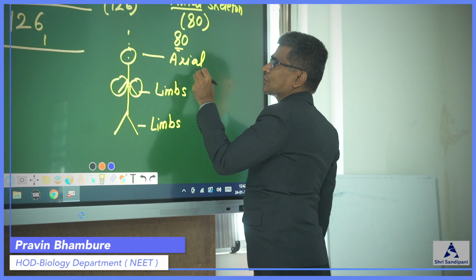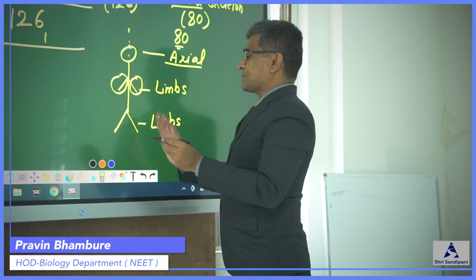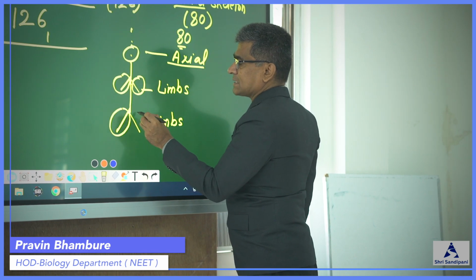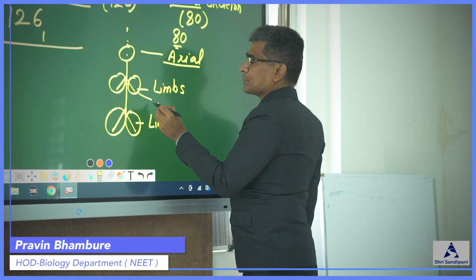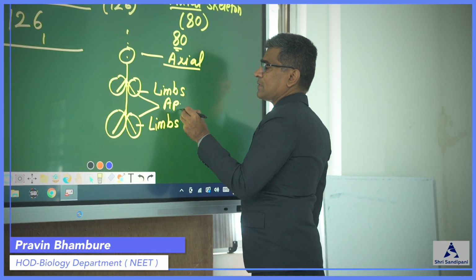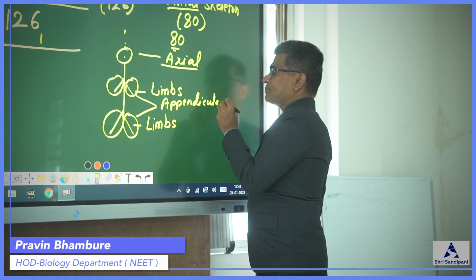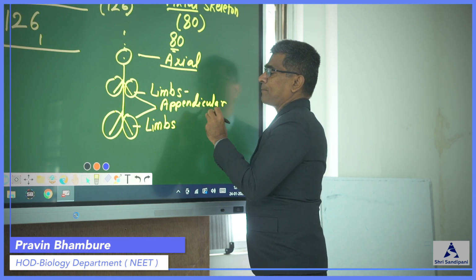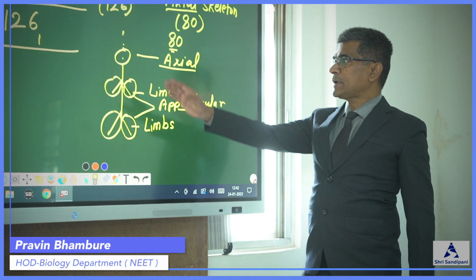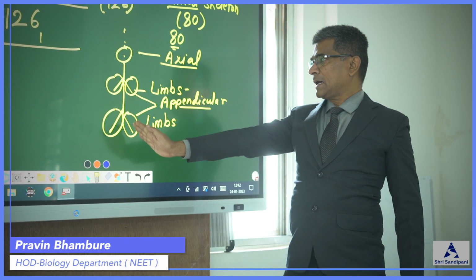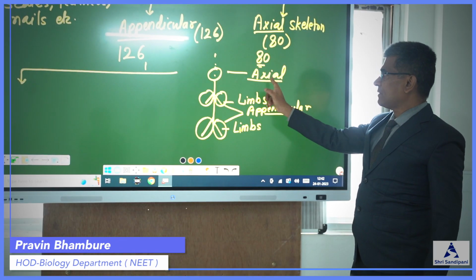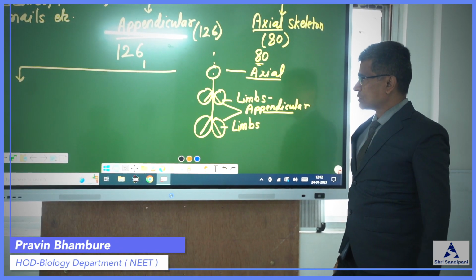And what is attached to the axial skeleton will constitute appendicular. So when we are talking about limbs, we are talking about the appendicular skeleton. And when we talk about parts other than the limbs, that will constitute the axial endoskeleton.